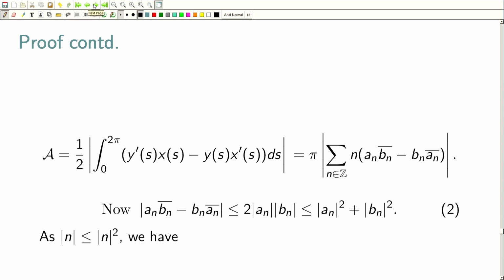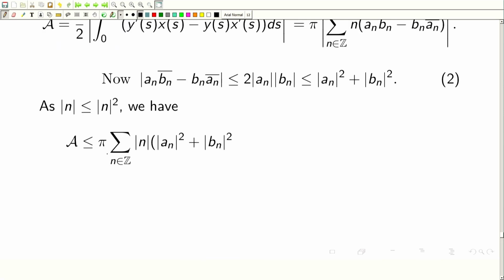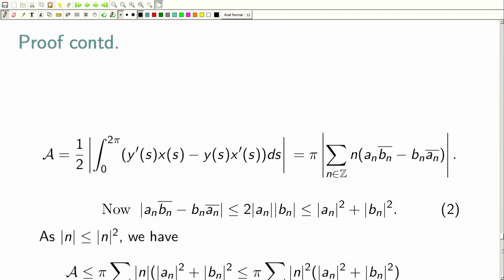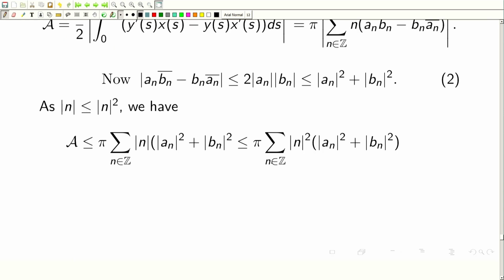Now, mod n is less than or equal to mod n square, because n is varying over Z. So this is less than or equal to the sum of mod n times mod of a n square plus mod of b n square, which is again less than or equal to the sum of mod n square times the same, because mod n is less than or equal to mod n square.